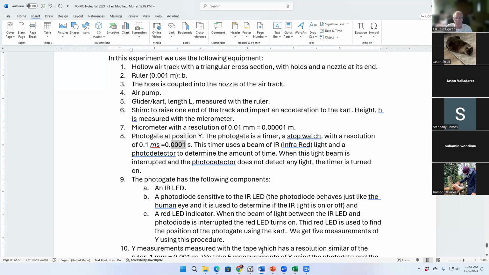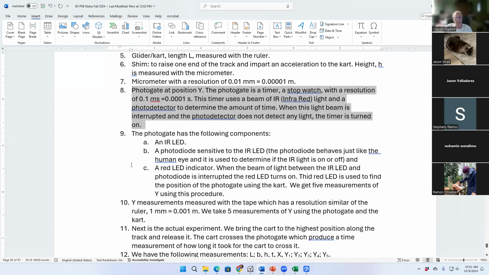Going back to the notes. The timer, a stopwatch. And how does the photo gate work? Okay, here you go. Oh, first, what are its components? The photo gate has an infrared LED.